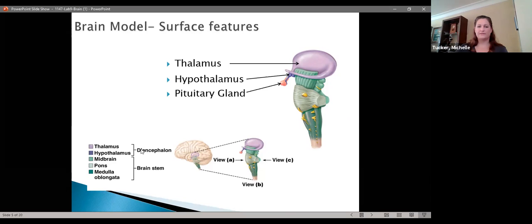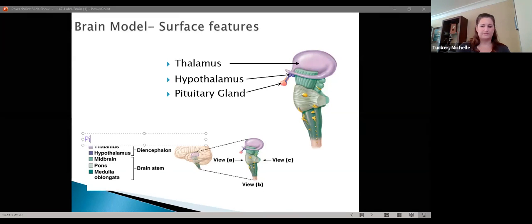The diencephalon is made up of the thalamus, the hypothalamus, and the epithalamus. And the most significant structure of the epithalamus is going to be the pineal gland, also known as the pineal body. So that's part of the diencephalon as well.